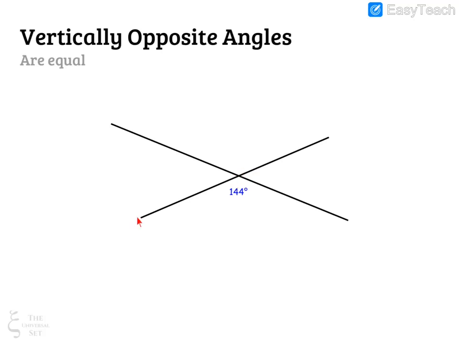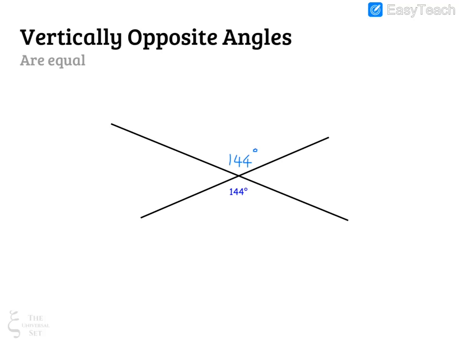So what we've got is a straight line and another straight line, and the ones that are vertically opposite, so opposite each other in this crossing point, are going to be equal. So that means that this angle is 144, which means this one has got to be 144. So up here, that's also 144 degrees.